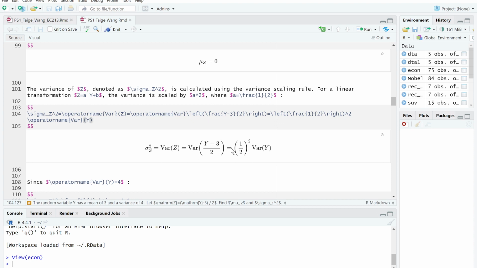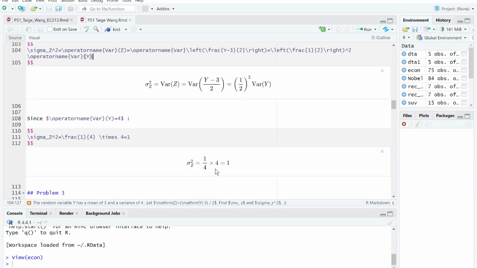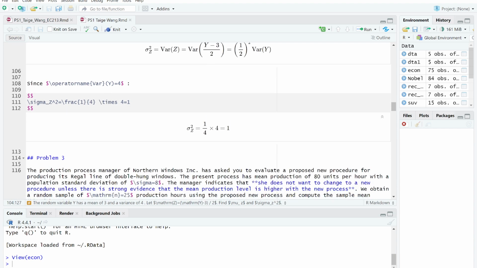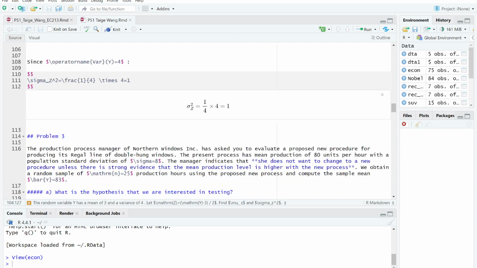So it's a linear operator. So for the variance of a constant, I don't care about this part. So the variance of a times y, with a a constant, is the square of a times the variance of y. So what's the variance of y? It's 4. So basically, the variance of z is 1. Final.